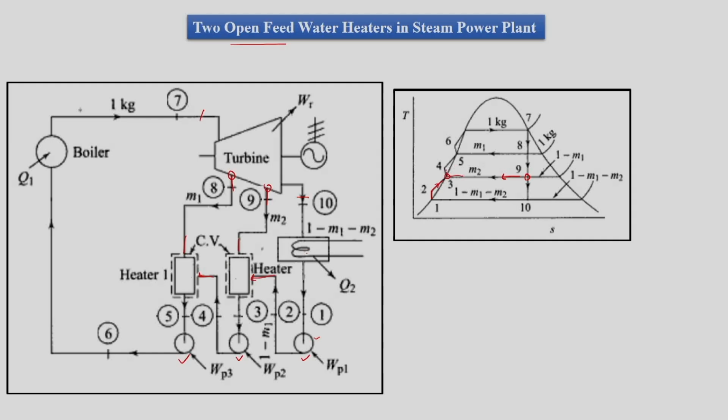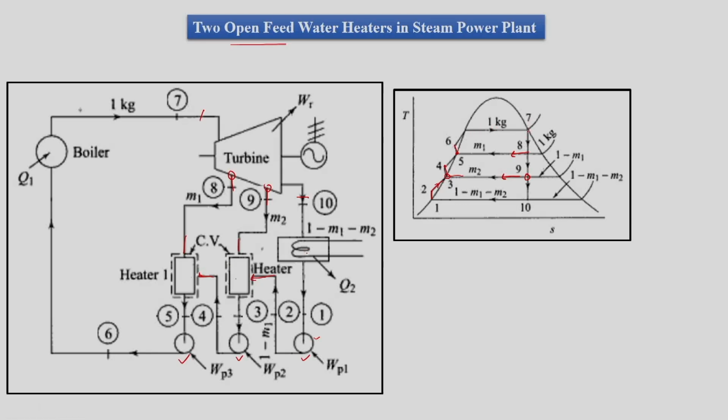Then from 3 we pump it to higher pressure. Then at 4 there is a drip from 8. This mass of steam is mixing with water, and the resultant state is 5. Then we have a pump again till 6, and then we add heat in the boiler from 6 to 7.